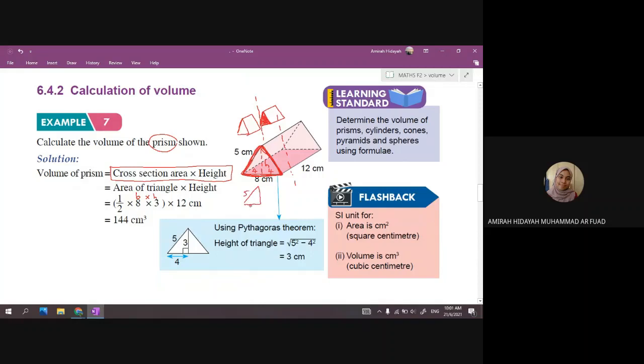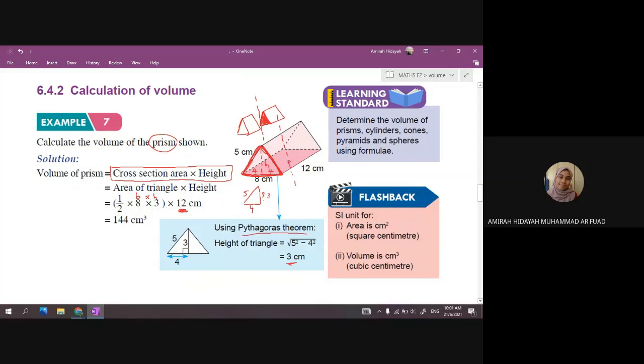If you use Pythagoras theorem, you will get height dia ni adalah 3. So height dia 3 and then times height of this prism. Height dia sebenarnya adalah panjang dia ni. Okay, 12.